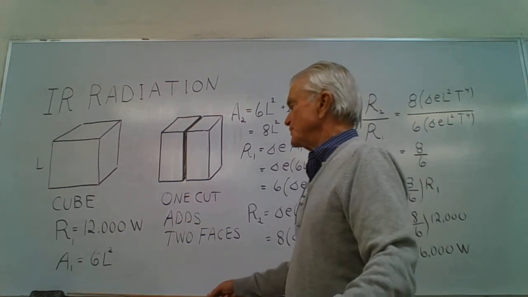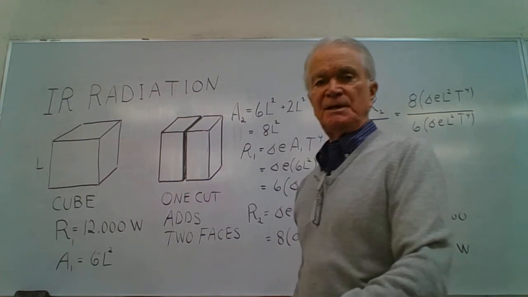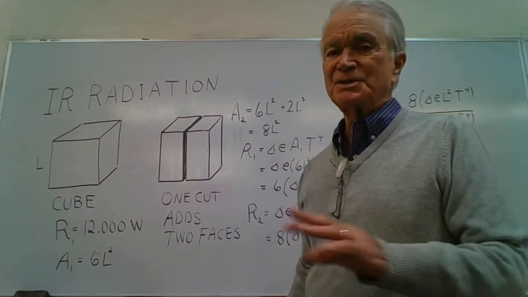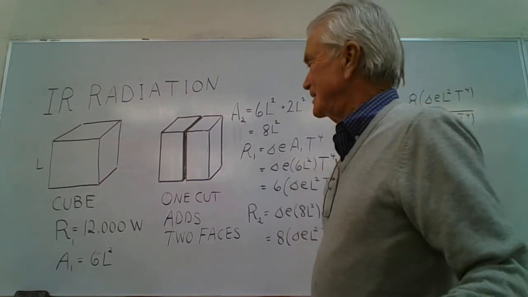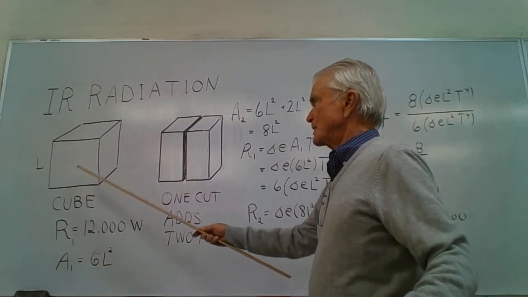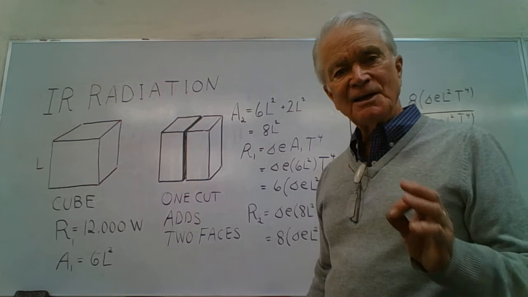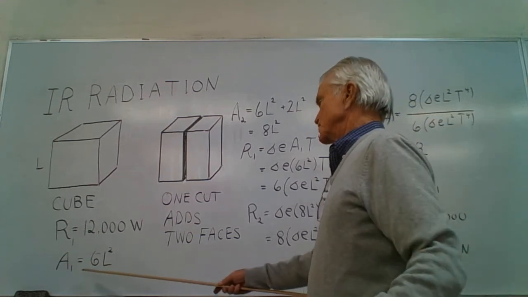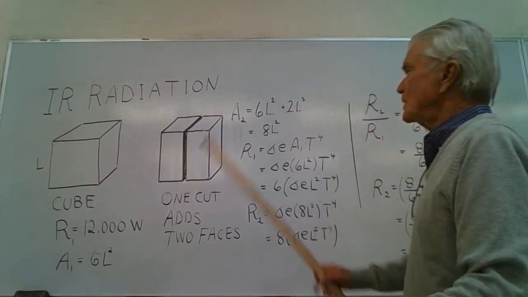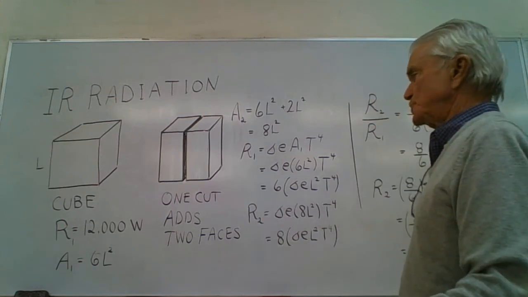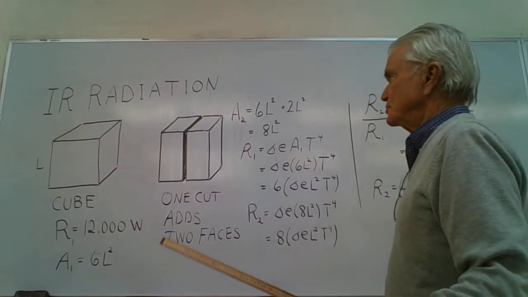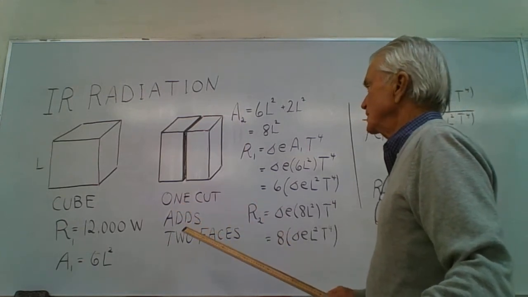And we'll record the fact that A1, the area in the first case, there'll be a second area soon, is 6 times whatever the area of one face is, which is the area of a square, L squared. 6 of those gives the total area. Now we slice through this cube, creating 2 equal blocks.